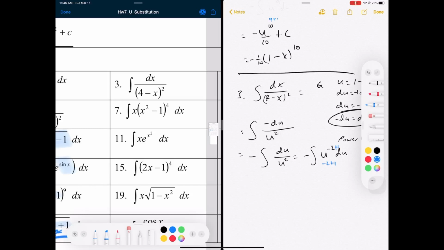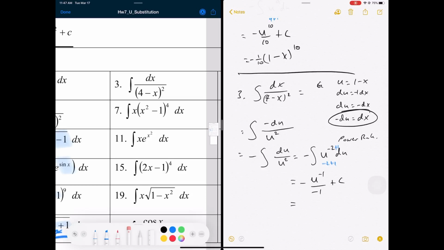We have negative 2 plus 1. So we're left with negative u to the negative 1 power over negative 1 plus c. Rewriting, the negatives cancel out. 1 over u plus c. And we know what u is. 1 over 1 minus x plus c.